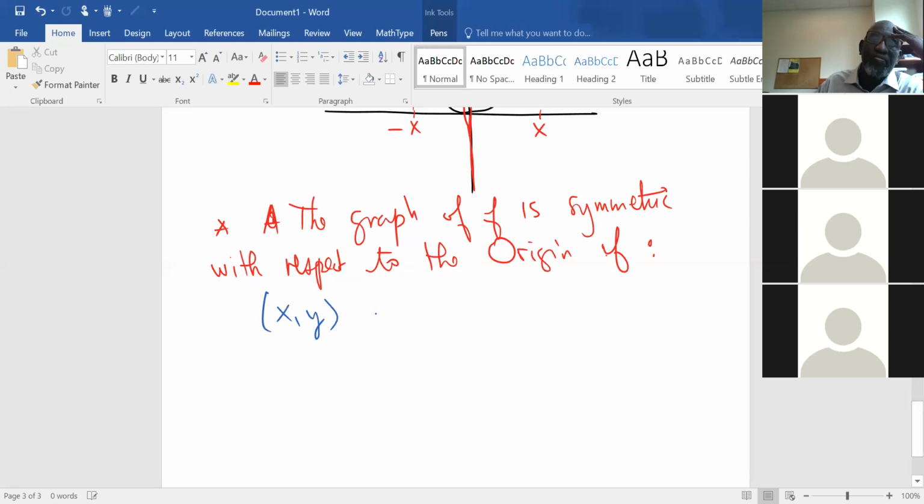When (x, y) is on the graph, then (-x, -y) is also on the graph.